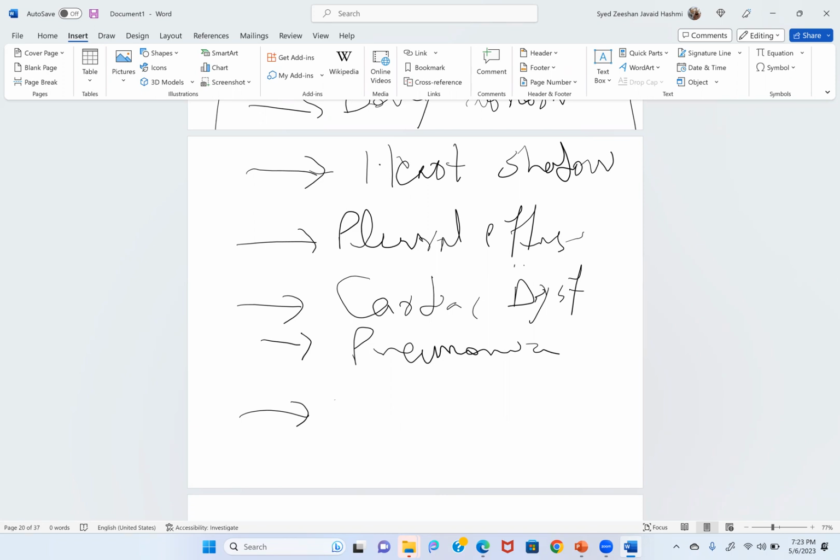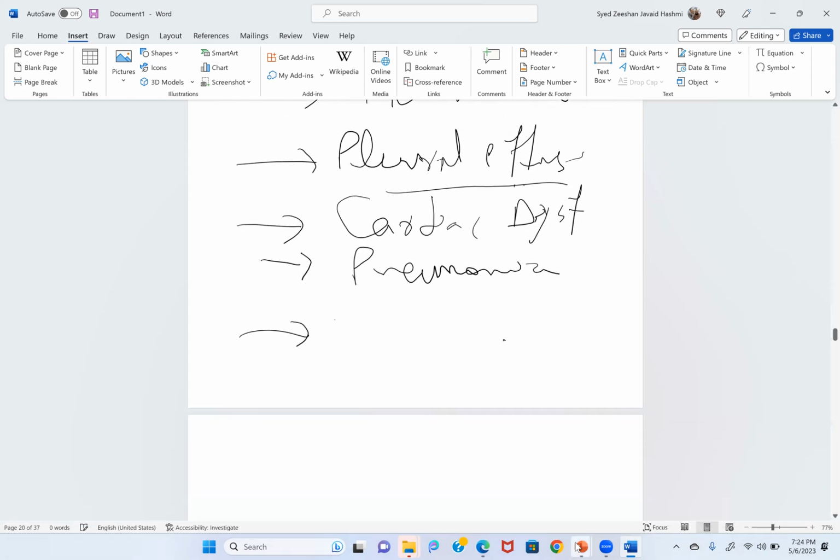But usually you will focus on this: if the heart is not functioning properly, there will be back pressure, so there will be increase in bronchopulmonary and bronchovascular shadow. If there is any infective element, there may be air bronchogram, pneumonia or opacities, or a clear opacity in the form of pleural fluid, as I mentioned. So usually you will be focusing on these things.